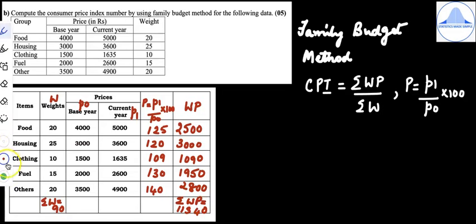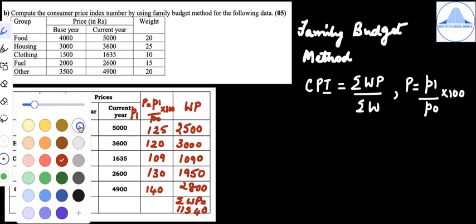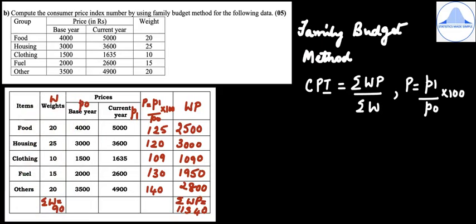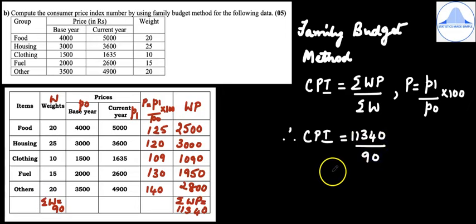So now substituting these totals in the formula, we will get CPI is equal to 11,340 divided by 90. So therefore CPI is equal to 126.